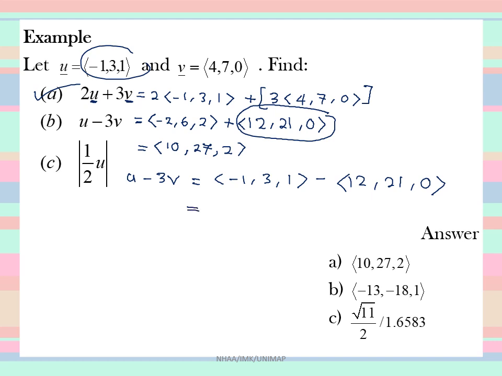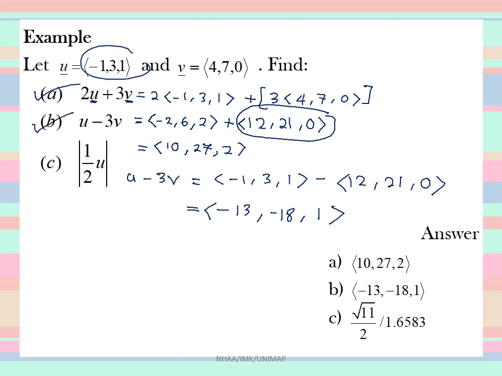So the answer is -1 minus 12, that gives you -13. 3 minus 21 will give you -18. 1 minus 0 will remain 1. So this is the answer for B.